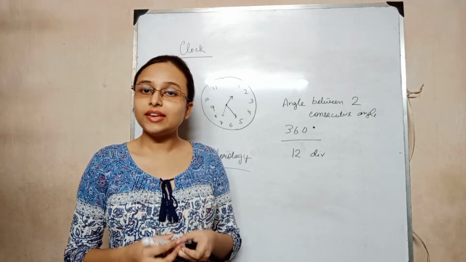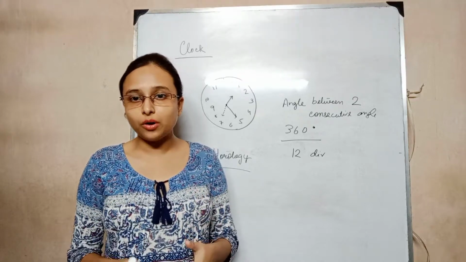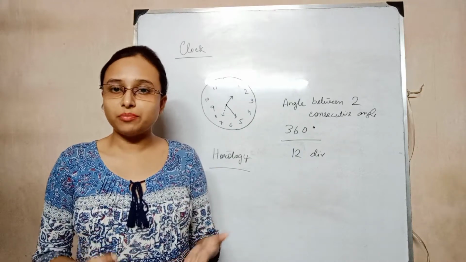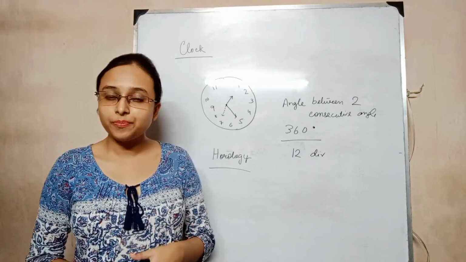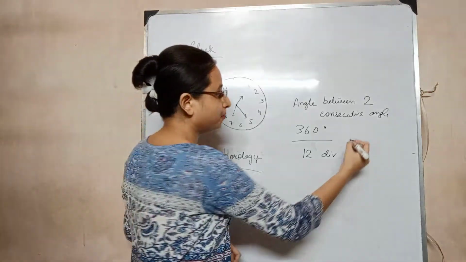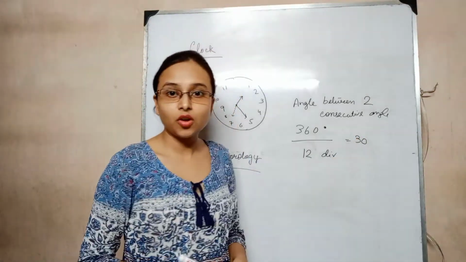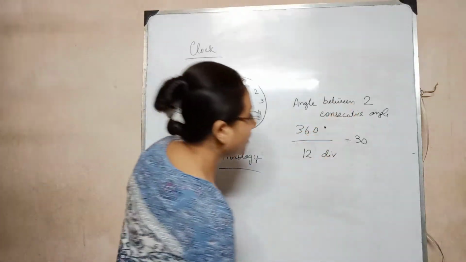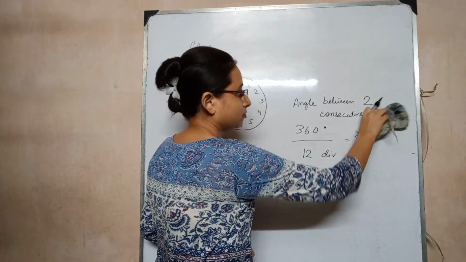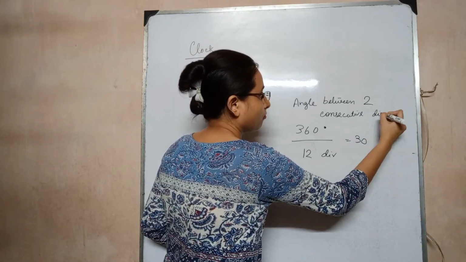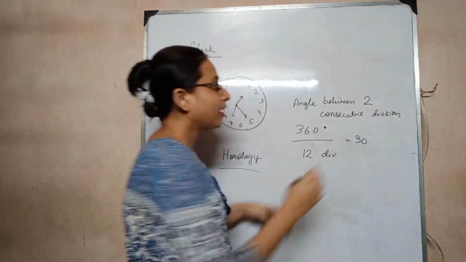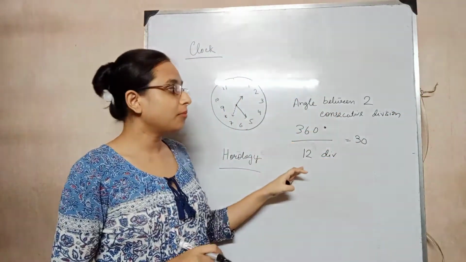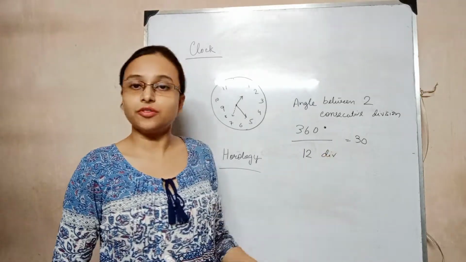Or you can even remember, since there are 12 hours, 360 divided by 12 if you are not remembering the number of divisions. So this comes to 30. Now the angle between two consecutive, sorry, that will not be angle, that will be division. The angle between two consecutive divisions is 360 degrees divided by 12 number of divisions, which gives you 30.